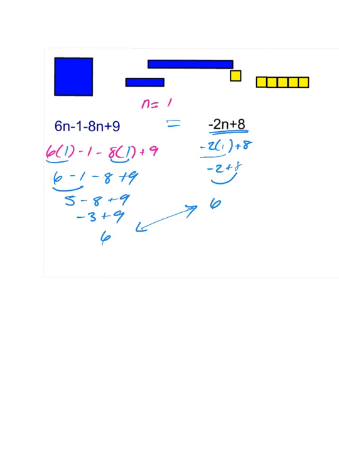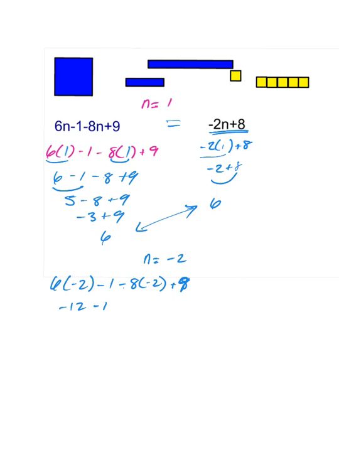Okay, now let's think, if we were to evaluate that with n equaling negative 2. So we'd say 6 times negative 2 minus 1 minus 8 times negative 2 plus 9. This would be negative 12 minus 1.